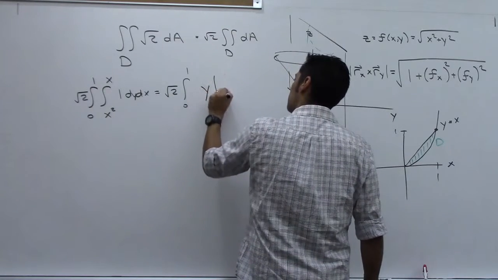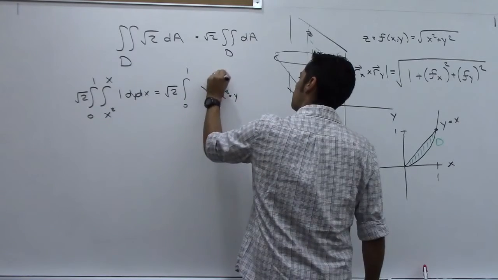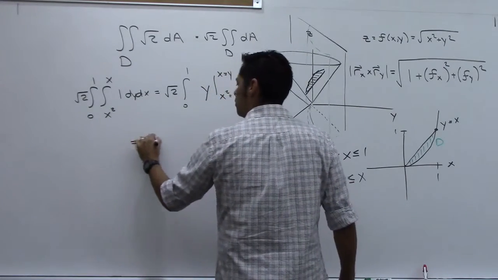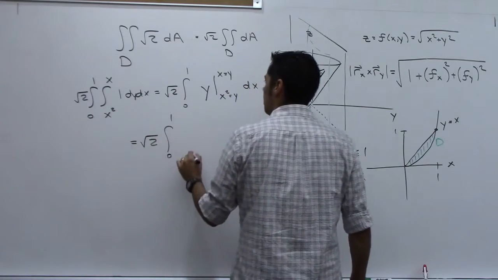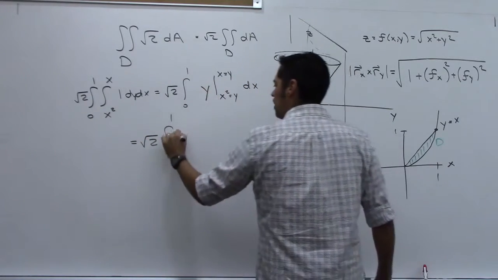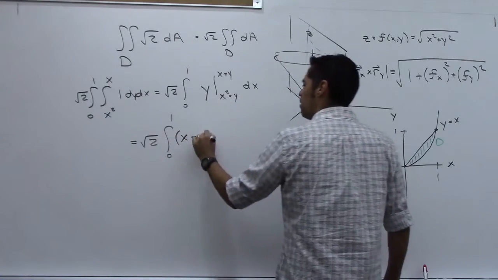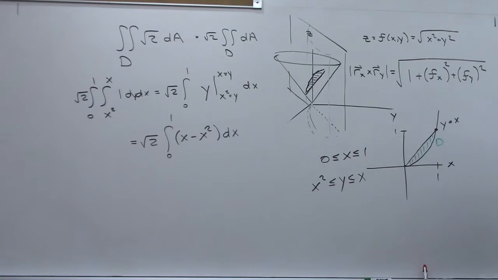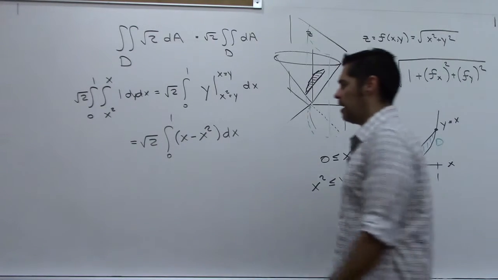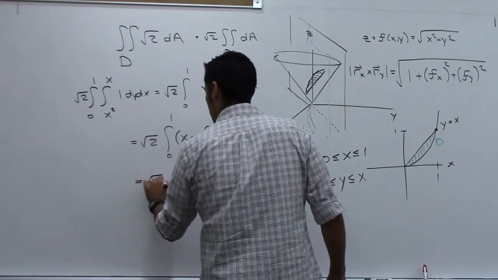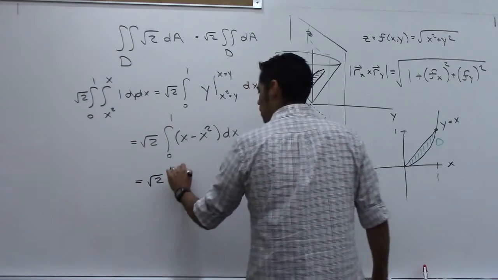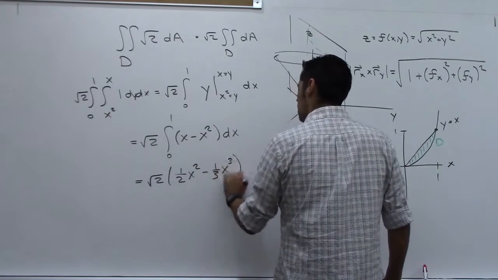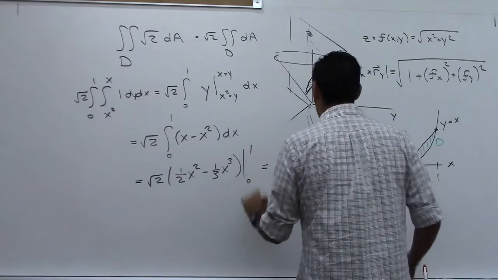Antiderivative of 1 with respect to y is just y. Evaluated, x squared is y and x is y. Then dx. So this is root 2 integral 0 to 1. Replace y with x, we get x. Replace y with x squared, we get x squared. This is what we should have expected to see. And then the antiderivative here is going to be 1/2 x squared minus 1/3 x cubed, evaluated 0 and 1.